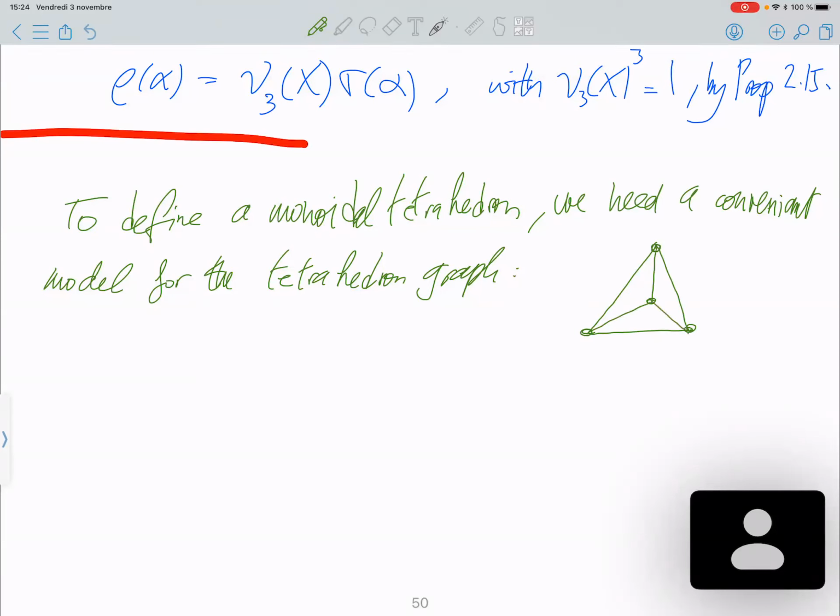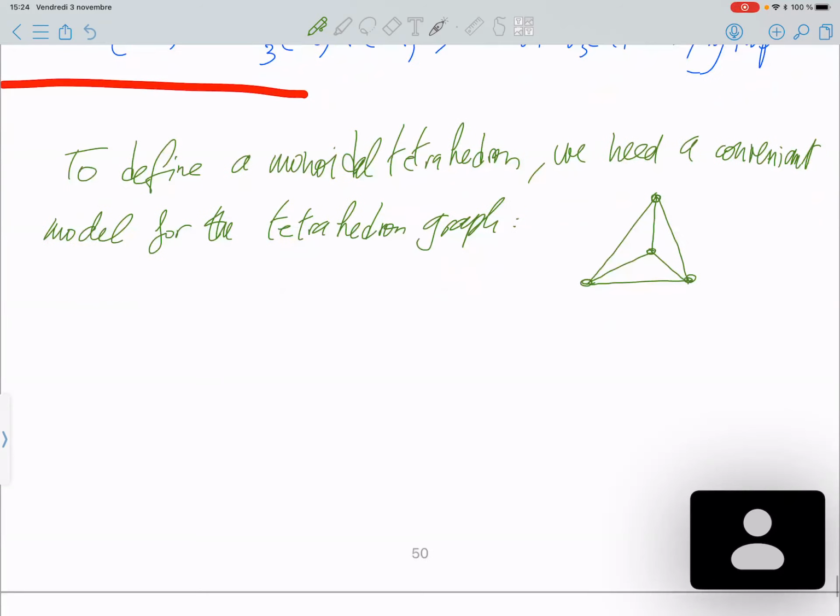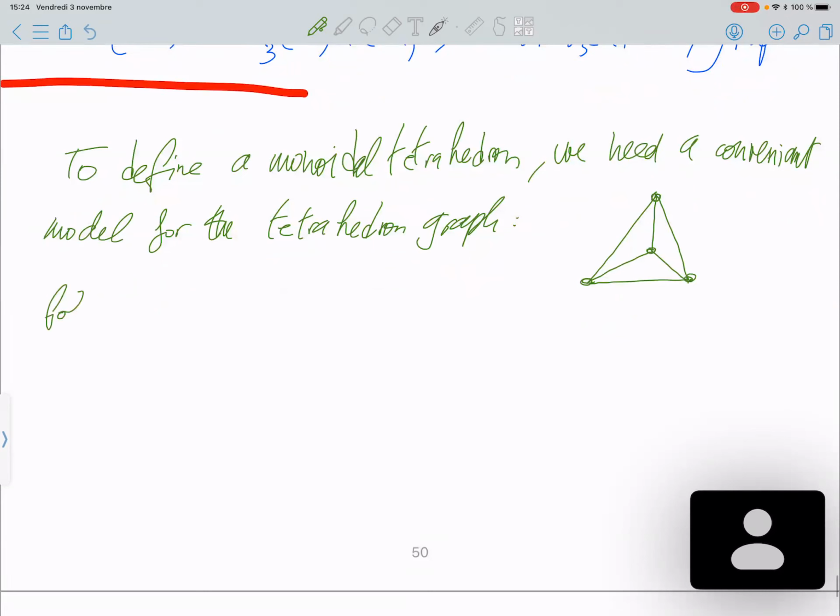But we want a model which follows our graphical calculus in a monoidal category.